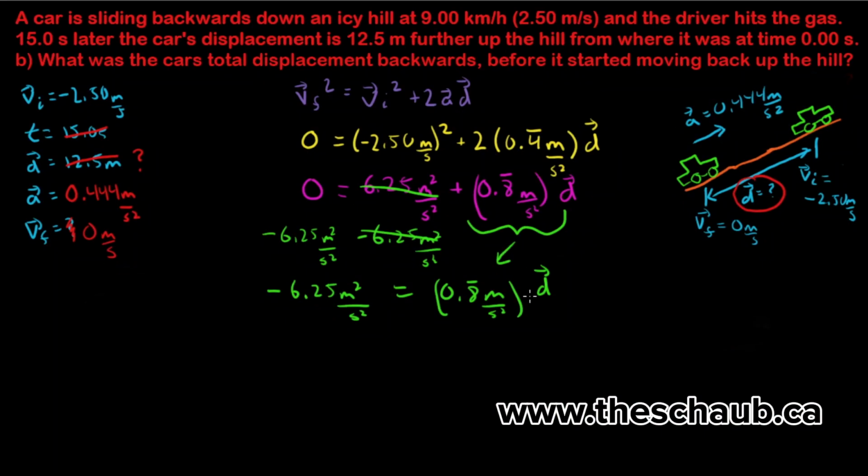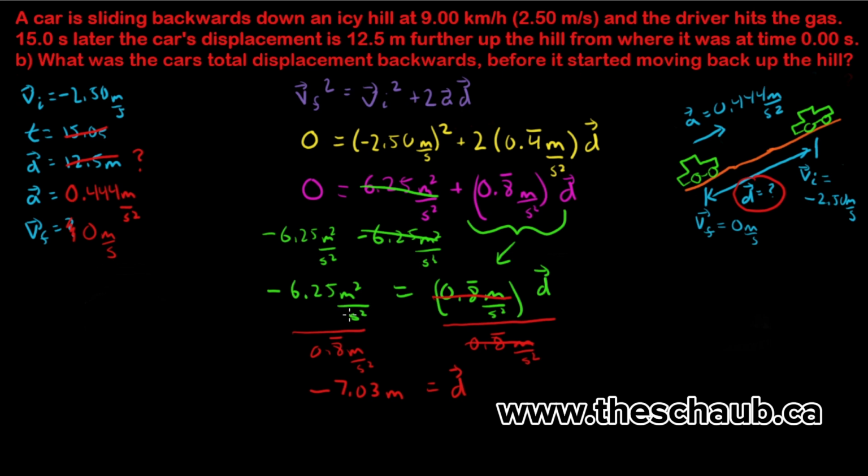And finally, to get our displacement d all alone, it's being multiplied by 0.8, so the opposite of multiplying is dividing both sides by 0.8 meters per second squared. And negative 6.25 divided by 0.8 is negative 7.03 meters. On this side, these two terms cancel out, and we're just left with our displacement d.